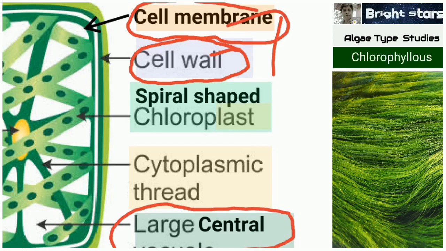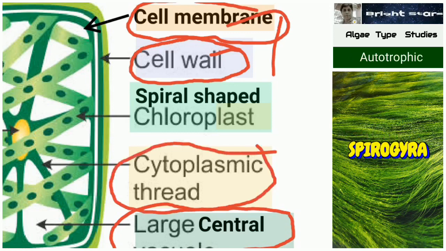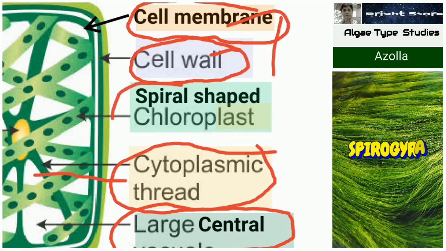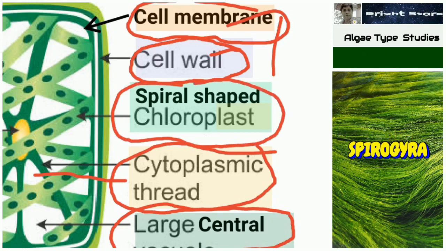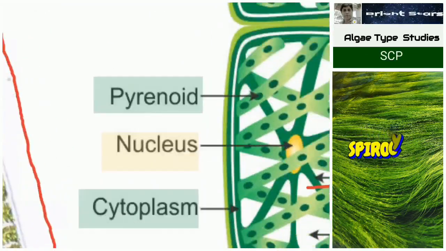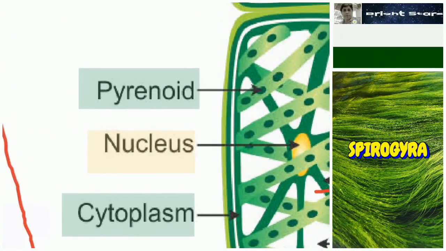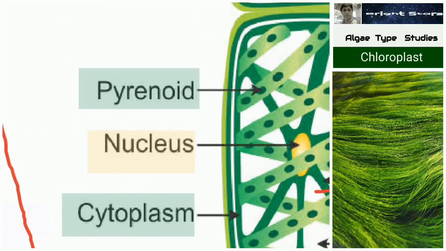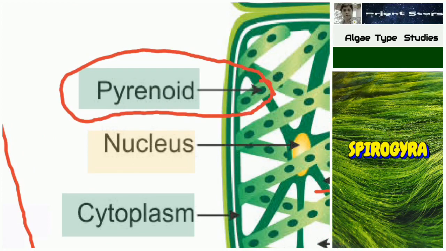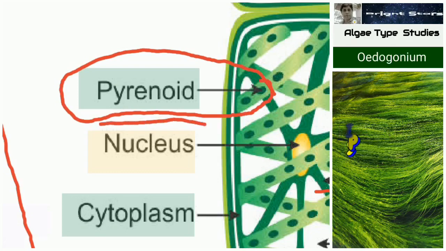In that, see cytoplasmic threads. That dark green color is cytoplasmic threads. I have already told you the name Spirogyra is because of the spiral shaped chloroplast. This is important. On the other side you can find important parts like pyrenoid. I have told in Chlamydomonas, pyrenoid is useful for storage of starch. And a prominent nucleus.